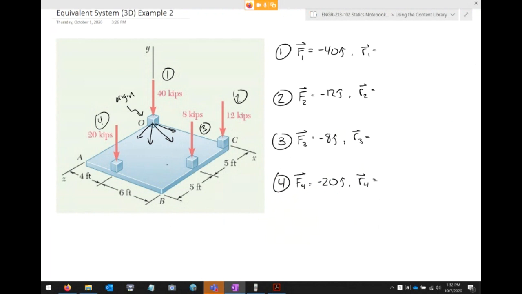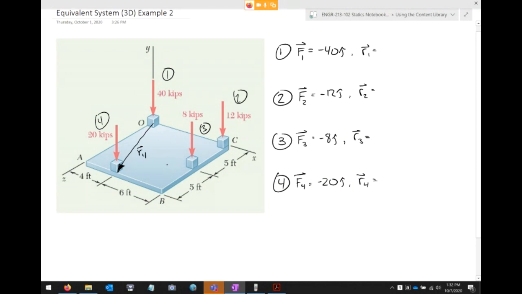Okay. Now I'm actually going to skip number 1. Let's do one that's a little easier to see. Let's start off with R4. So help me out with this. We're taking moments about the origin.